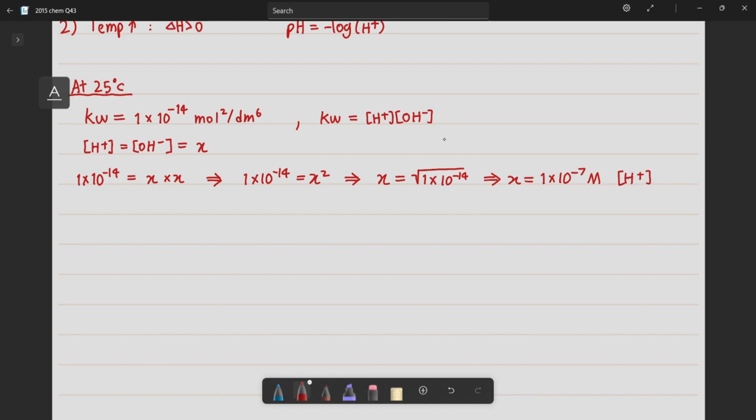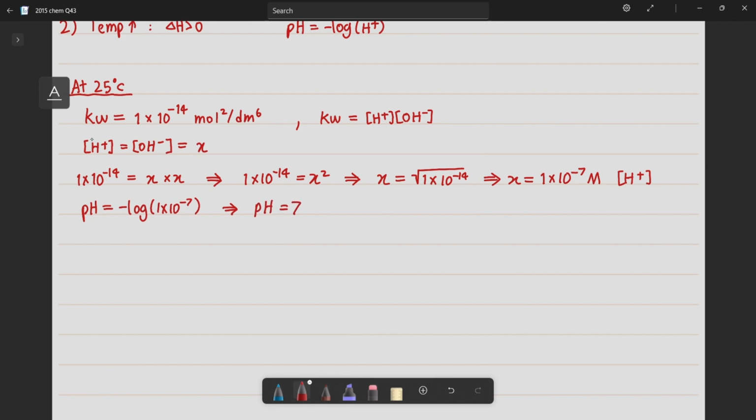But since we're focusing on pH, which only includes the hydrogen ion concentration, we're going to ignore the hydroxide ion. Now when we want to calculate the pH, pH is equal to minus log of H plus, where the concentration of hydrogen ions is 1 times 10 raised to power negative 7. So this will give the pH equal to 7.